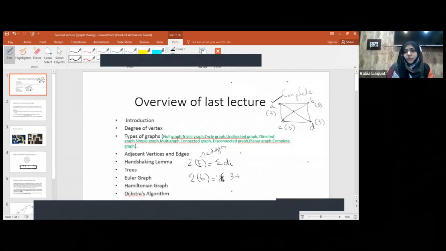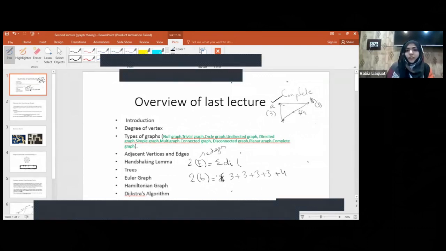And for example, this is also an edge, we named it F. So 1, 2, 3, 4. 4 edges here, so degree 4 here. So 3 plus 3 plus 3 plus 3 plus 4. So this is the handshaking lemma: 2 multiplied by the number of edges is equal to the sum of the degree sequence.